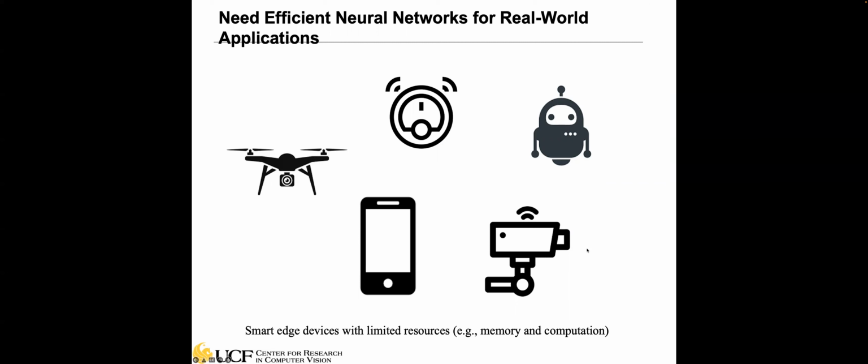The smart cameras, the surveillance cameras, they want to do some object detection, traffic accident detection, right? Also the drones, right? They are limited by the computing, also limited by the power resource they have. If you want to deploy a computer vision algorithm on the drone, then you have to be aware of the power consumption.